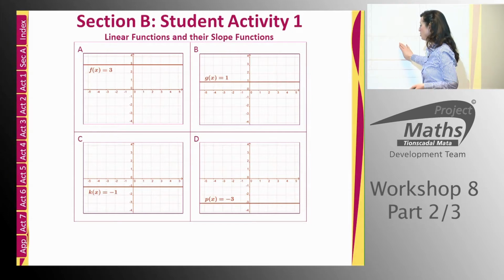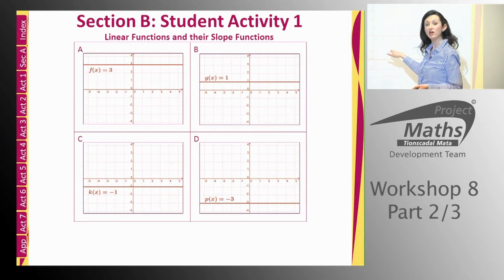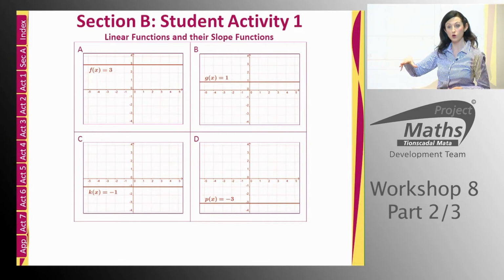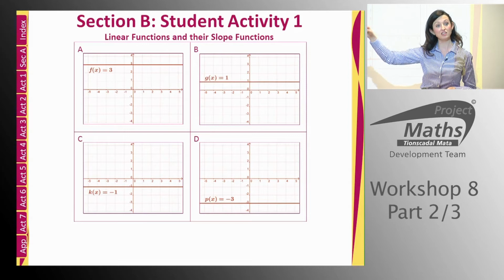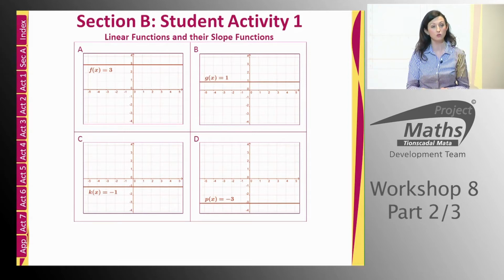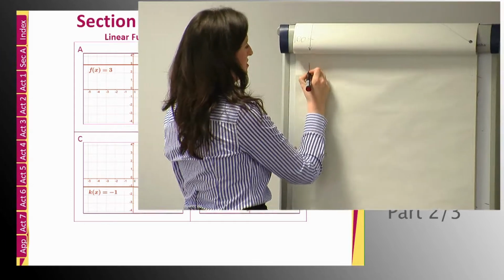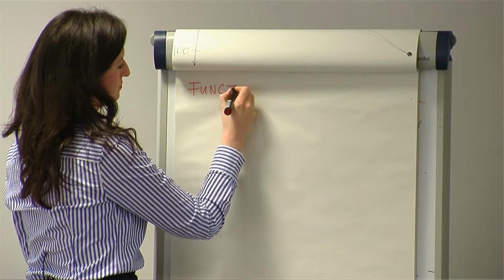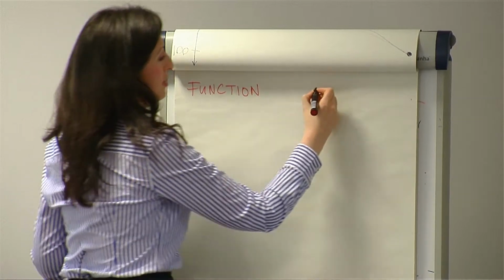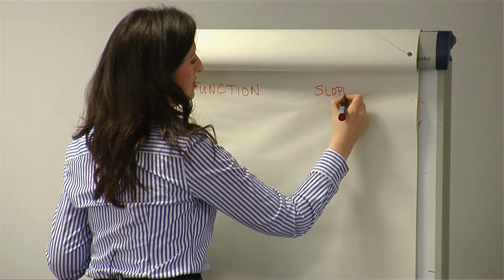Looking at these three, we see that the slope of each of the lines is 0, and then the slope at an instantaneous point on the line is also 0. So what we're going to have is our function, and then we're going to look at our slope function.